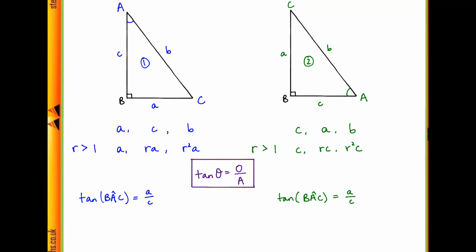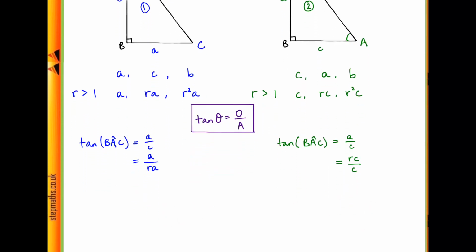So in this first one, c is equal to ra, and in the second one, a is equal to rc. So we can use that to rewrite a over c as a over ra and rc over c. And of course, we can cancel the a's in the first one and the c's in the second one. So we get that the tan that we're looking for is either 1 over r or r.